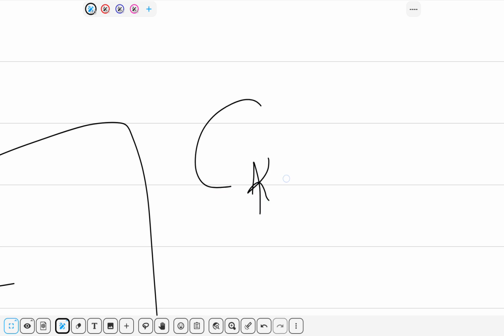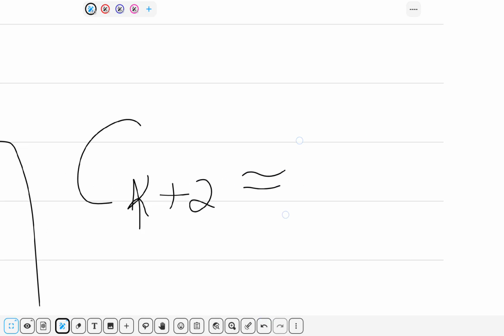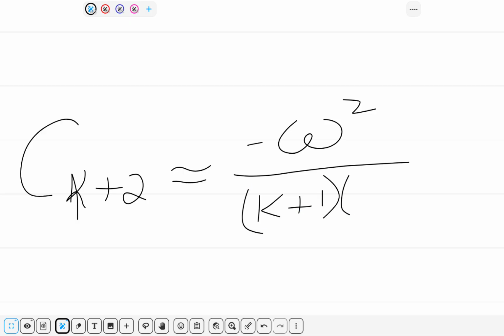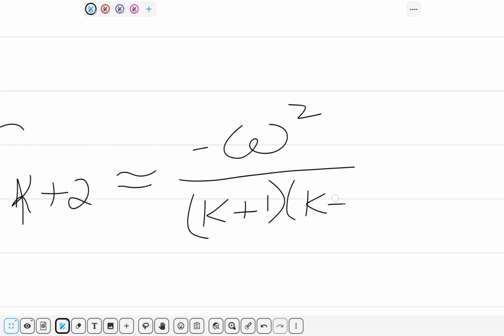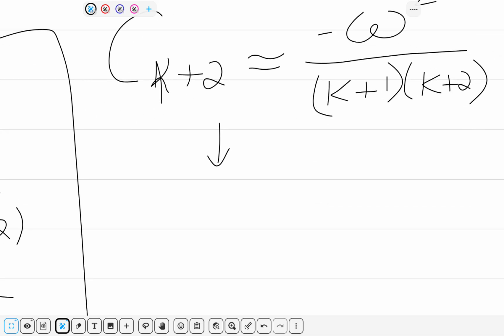So c k plus 2 is, as we know, again the same concept, with k plus 1, but now we are dealing with odd numbers, c k. Let me not do everything.